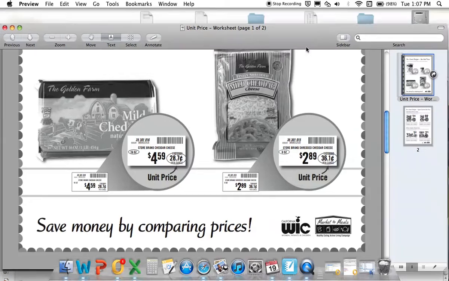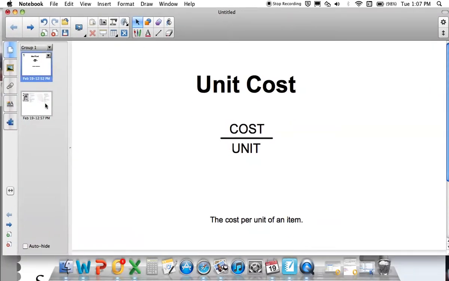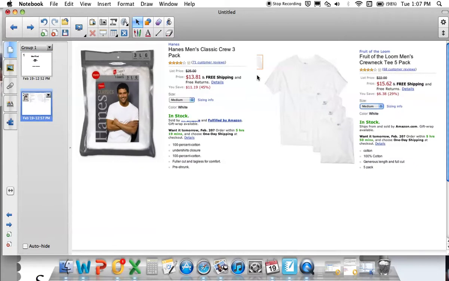Okay, so let's talk about an example of unit cost. Suppose you wanted to buy a t-shirt and you wanted to get them in packs. I've bought some basic white t-shirts by either Hanes or Fruit of the Loom. I found this on Amazon today.